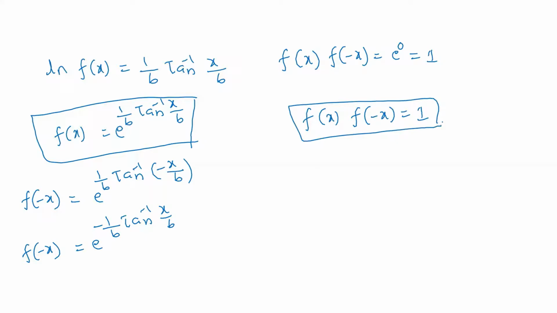Now they are talking about whether it is an increasing or decreasing function, depending on the sign of b. So let's see what happens in that case. Let's consider f(x) again, which is e raised to 1 upon b tan inverse x upon b. The first case: what happens if b is a positive number?